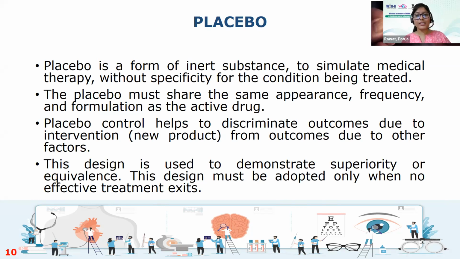Placebo is a form of inert substance to simulate a medical therapy without specificity to the condition being treated. Usually you will say that we haven't seen such kind of trial where the placebo is given. These kinds of trials are usually used in psychiatric trials where the patient is having some kind of medical condition.